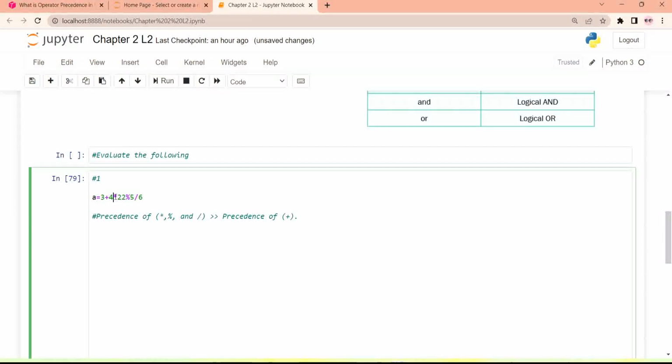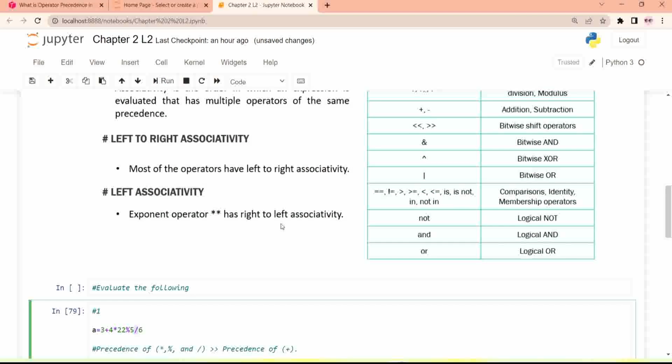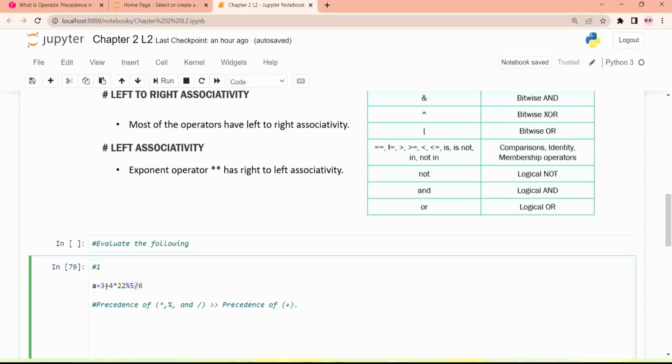First we get star, then modulo, then the division. Here you can observe star, divide and percentage. This is not the order of precedence. Here the order is whichever comes first on the left side. This is first, this is second, this is third, since they are on the same precedence level.